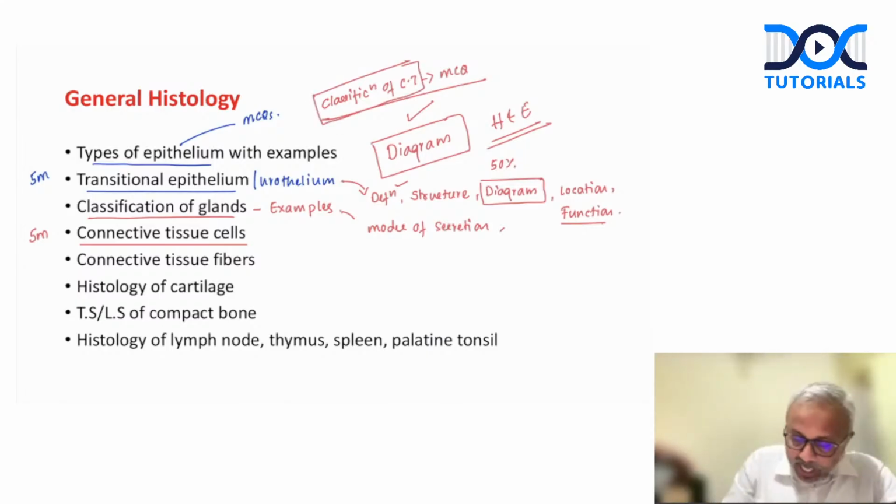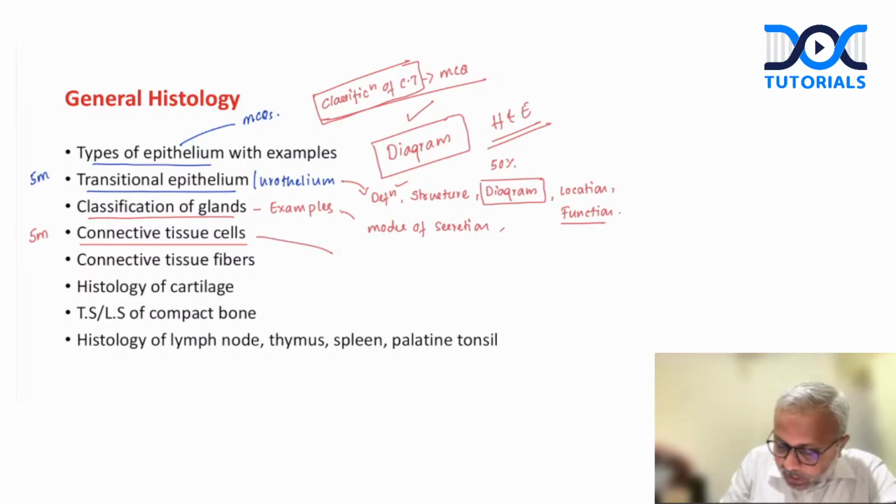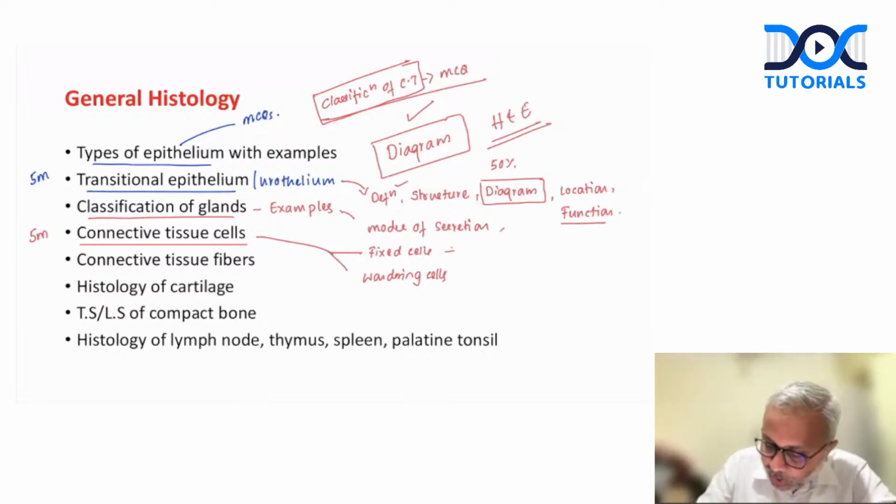But connective tissue cells is a proper 5-marker question where you need to divide the cells of the connective tissue into fixed cells, and we have something called wandering cells or migrating cells. For each cell, what do you need to write?